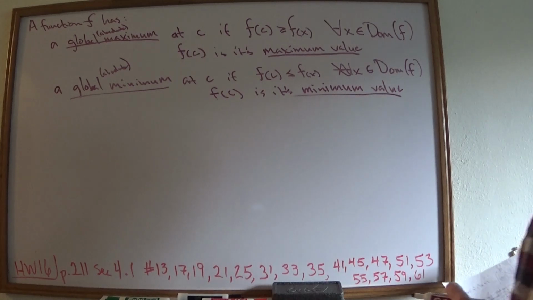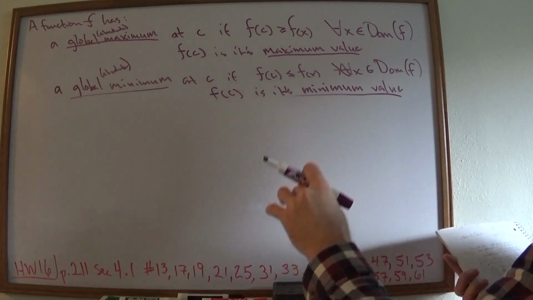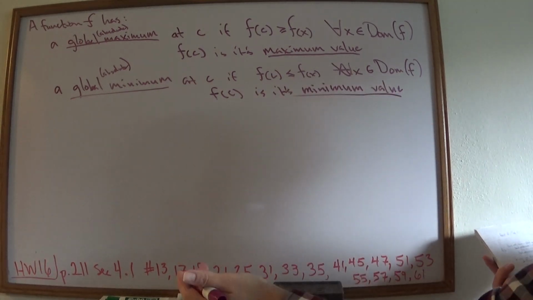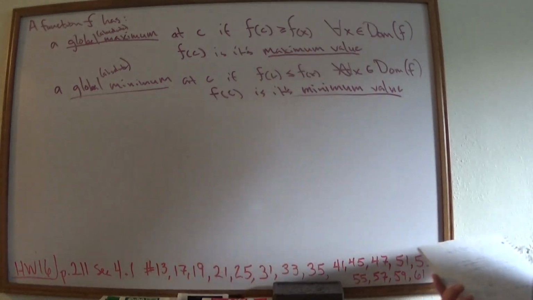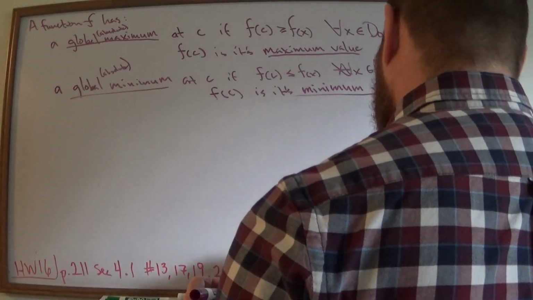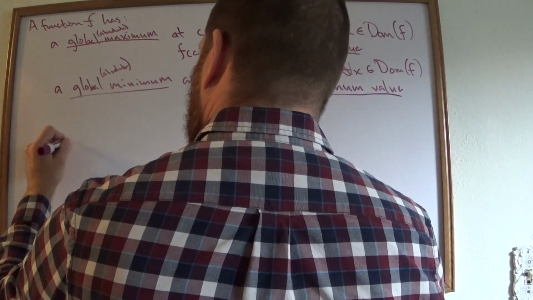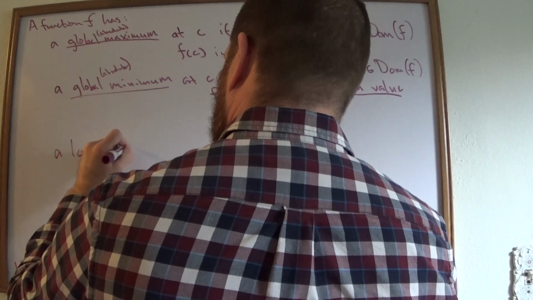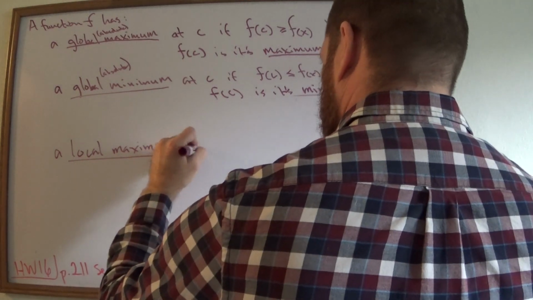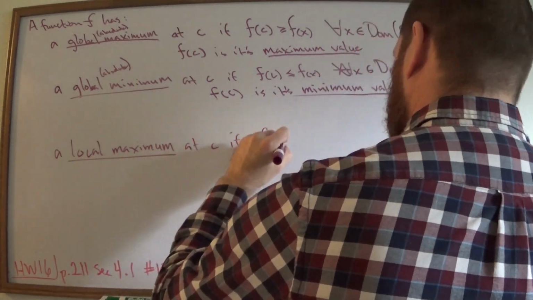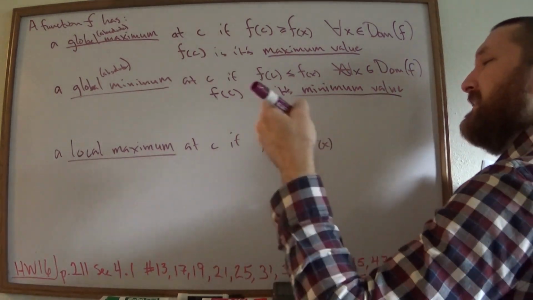But that also works, like I said, for a cubic, like I've been drawing, right? If we restrict the domain, then we could call it global or absolute. But what if you don't have a global, but it does have, a function has a local maximum at c if f of c is bigger than or equal to f of x when x is near c.